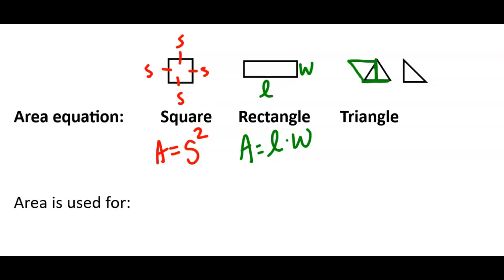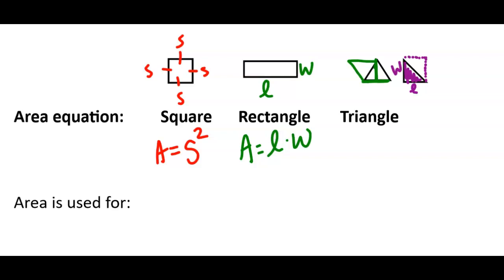So triangles, if you take half this triangle and you add it over to the other side. So I took this, I took it in half, and I added it to this side over here. That looks very much like a square, right? Let's look at the other triangle. It's easier to see.